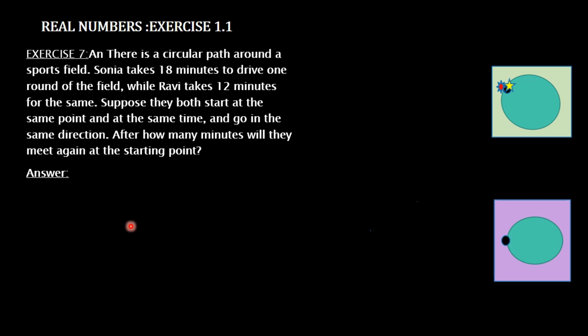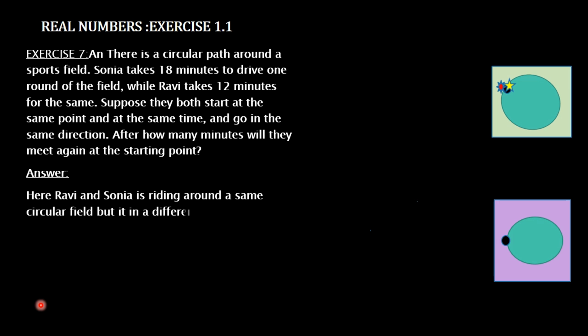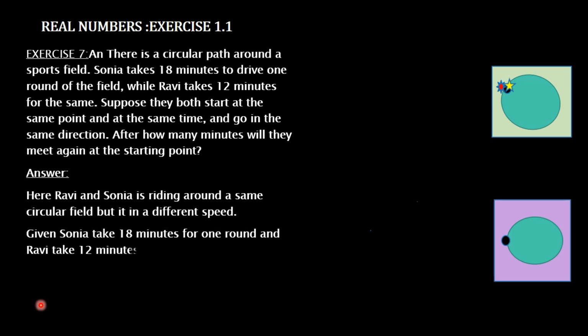Hence Ravi and Sonia are rounding around the same circular field but at different speeds. Why are they at different speeds? Because one takes 18 minutes and another takes 12 minutes. They start together. We want to know when they will meet again at the starting point.